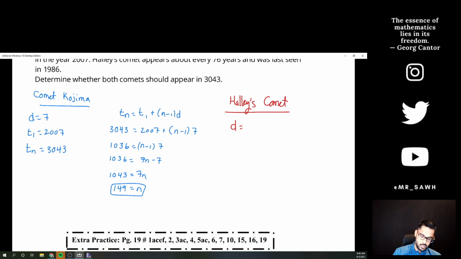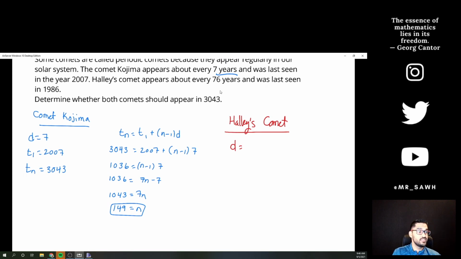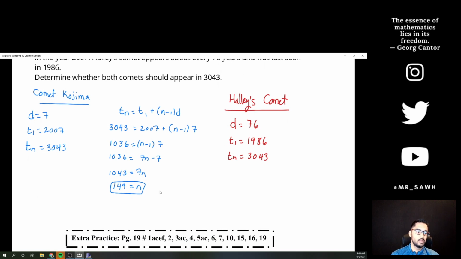That one appears every 76 years instead. So there's our common difference, 76. All the same reasoning from before is still true. Last seen in 1986, so for our purposes, that's the first time we're going to include in our pattern. And again, we want to find out if 3043 is going to be in that sequence, because if it is, we're looking for a whole number term number.